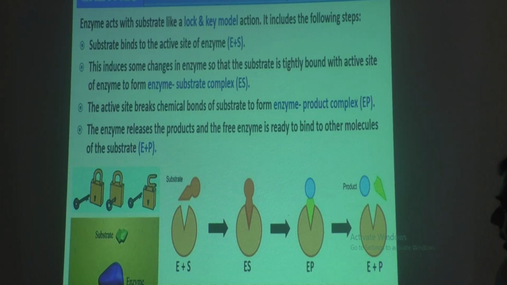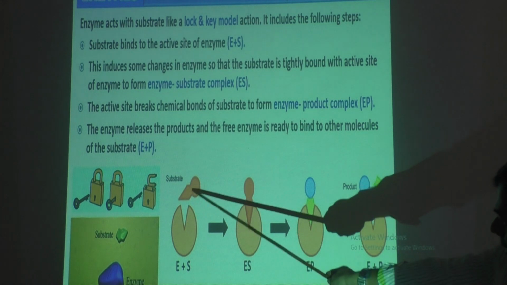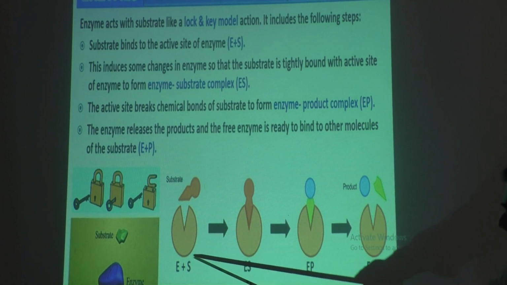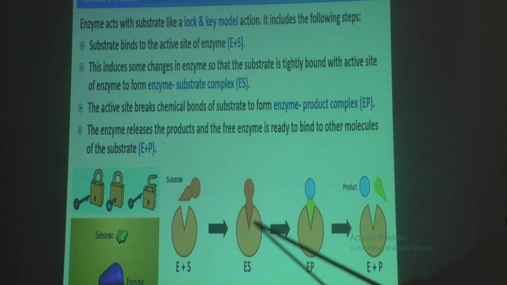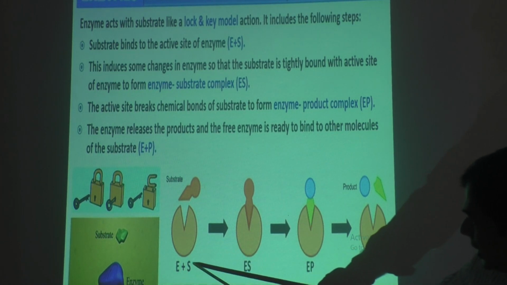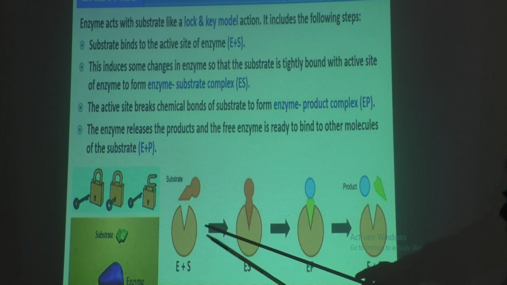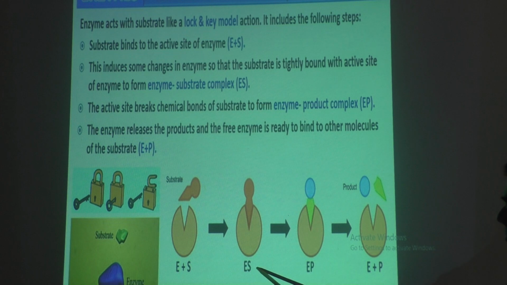That's why they have beautifully explained: when enzyme and substrate both are there, then enzyme binds to substrate, then it becomes ES. E means enzyme, S is substrate. Both will bind, E and S become ES.